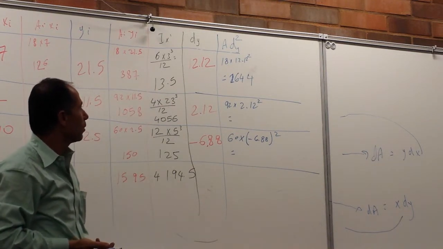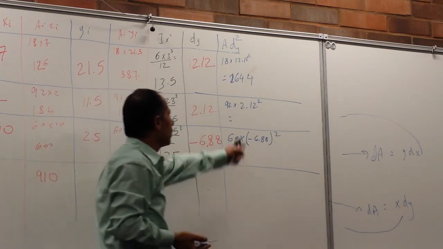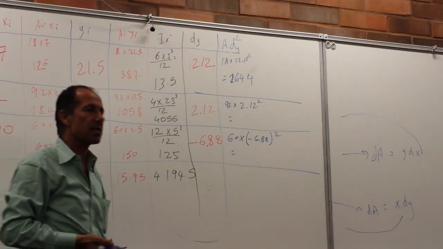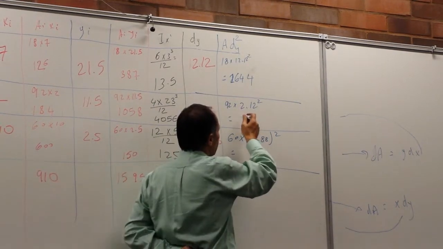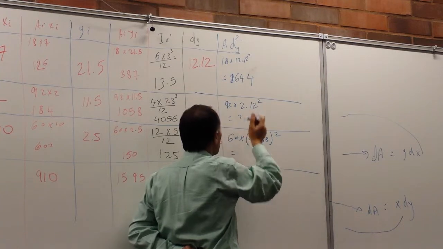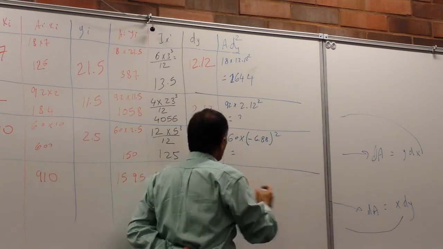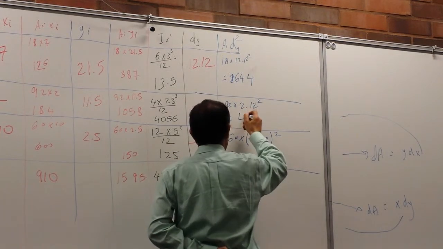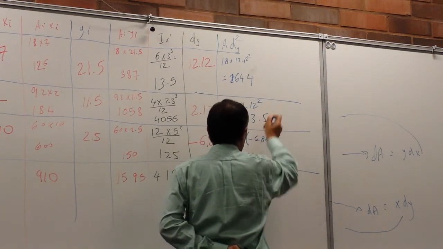I'm doing addition instead of multiplication, that's all. Here, 2 times 2 is 4. 4 times 9 is 300 something. Give me a number. 413.5. Correct.